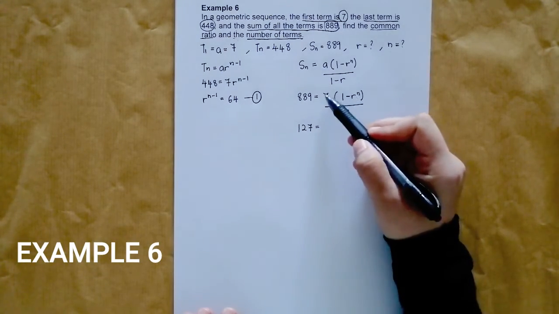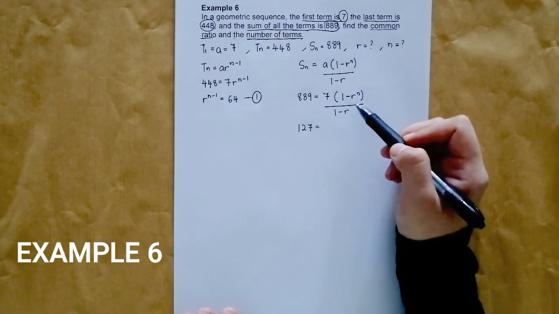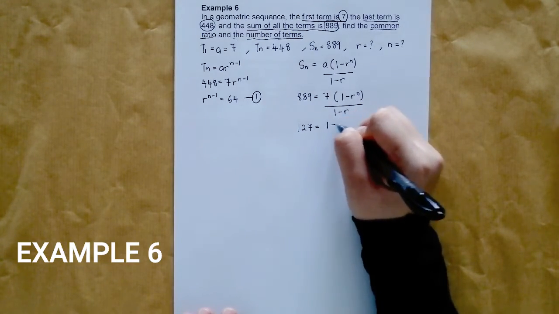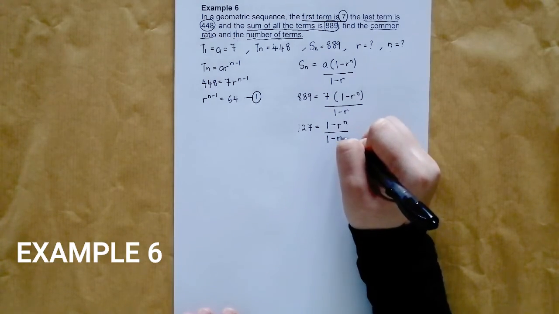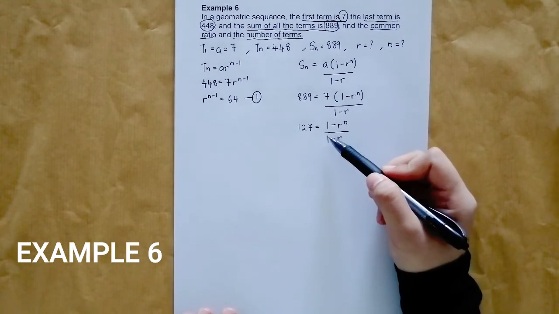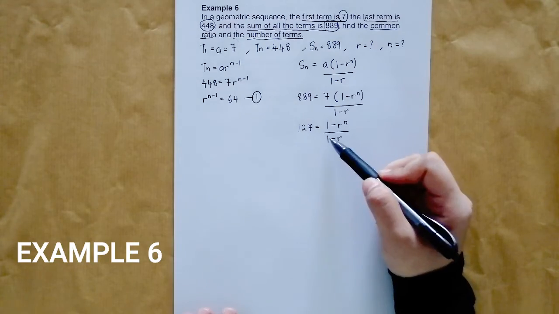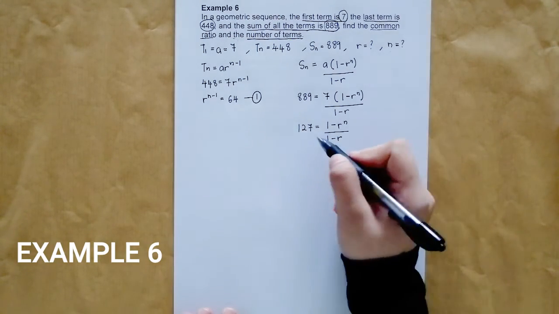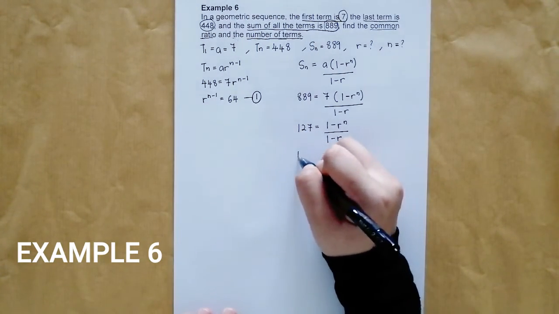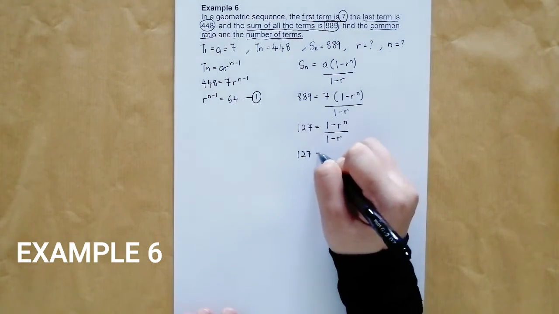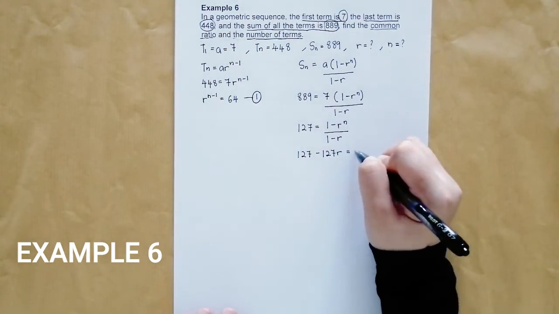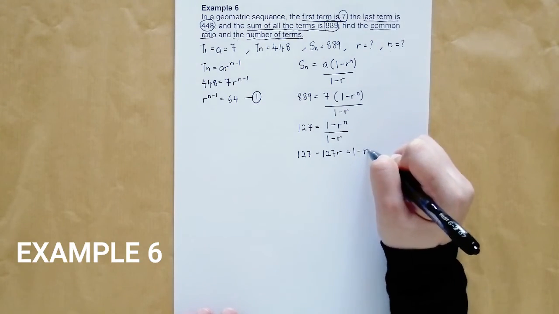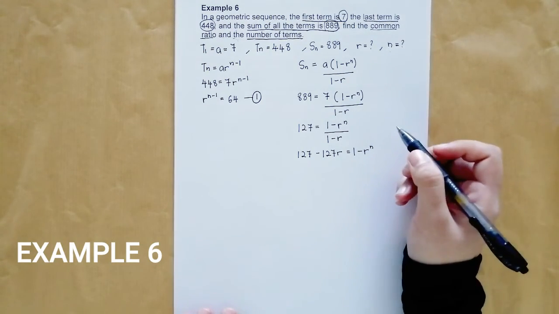And this part, if you divide by 7, you get 1 minus R to the power of n over 1 minus R. Next, cross multiply. So for this part, you will get 127 minus 127R equal to 1 minus R to the power of n.